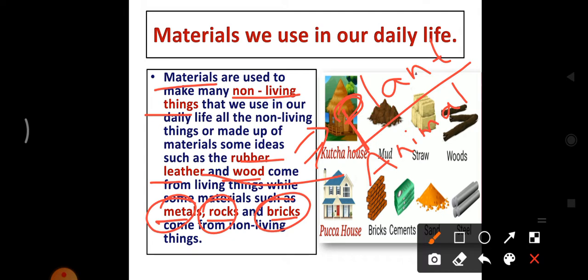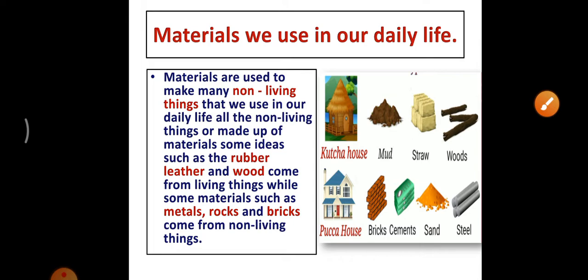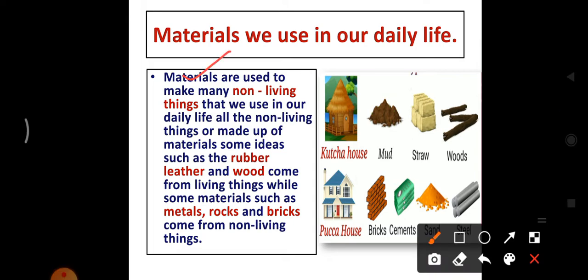The bricks are getting from the soil. The soil is a non-living thing. Do you understand? The materials are used to make non-living things such as home and furniture. We are making so many things. So the materials are used to make non-living things, and these materials are getting from some living things and some non-living things.